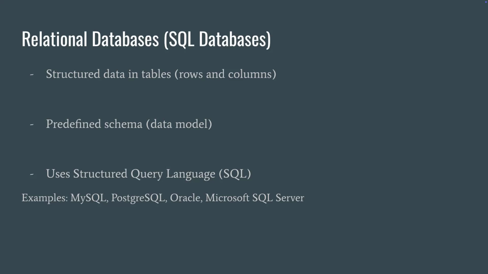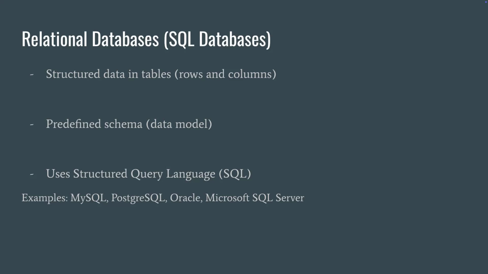Common relational databases you might have encountered include MySQL. MySQL is an open source and widely used database for web applications. Another very similar open source, widely used database is PostgreSQL, but it's also known for its advanced features and extensibility.